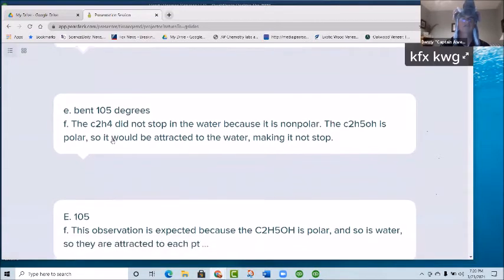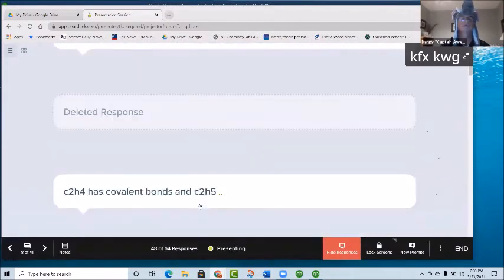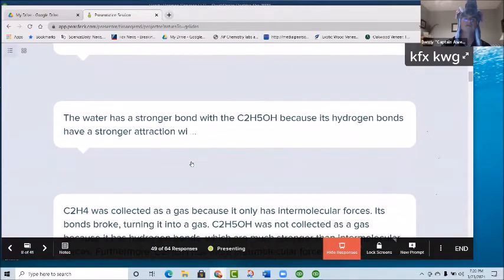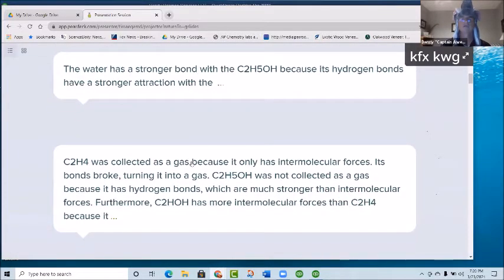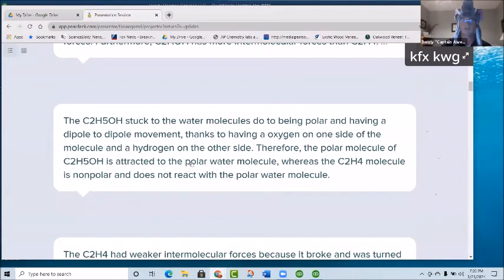The C2H5OH is polar." "The water has a stronger bond because its hydrogen bonds have a stronger attraction." "Stuck to the water molecules due to being polar and having a dipole to dipole movement." I think maybe you meant to say moment.